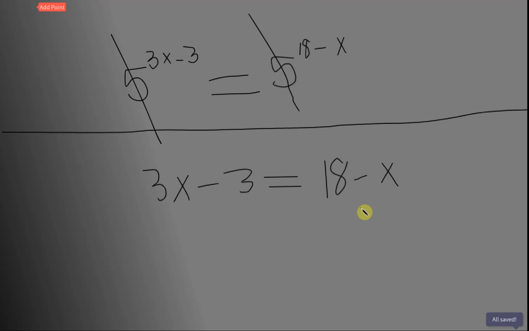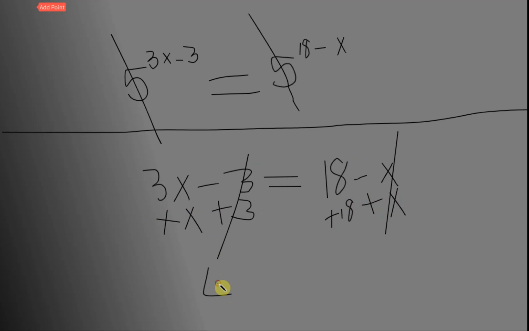So to do this, let's add x on both sides to stay on the positives. Then you add x over here. Add 3 on both sides. Instead of taking away 18, that would be in the negatives, and that would be hard to calculate.